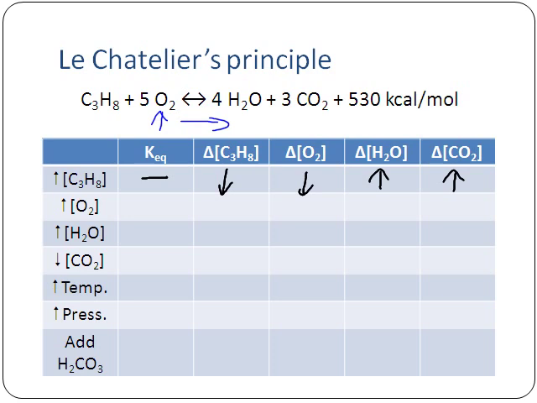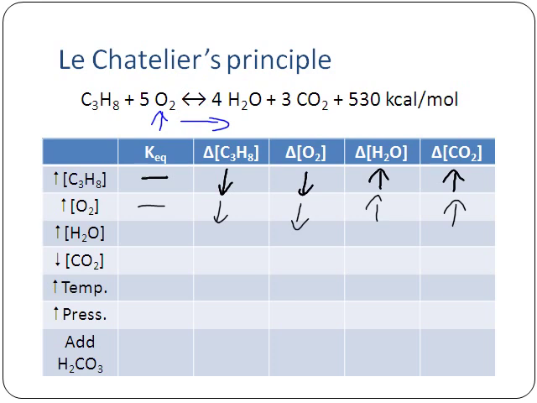If the reaction shifts to the right, that means the concentration of C3H8 is going to go down. The concentration of O2 is going to go down. The concentration of H2O, because it's on the right, that's the direction it's going, is going to go up. And the concentration of CO2 is going to go up. The KEQ, since we're not changing the temperature, is going to stay the same. These shifts happen to keep KEQ the same.